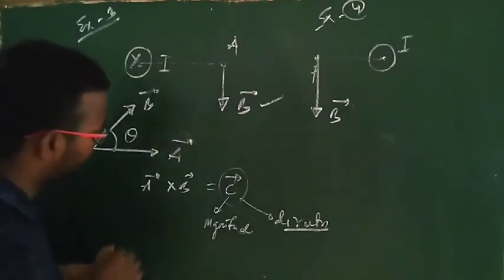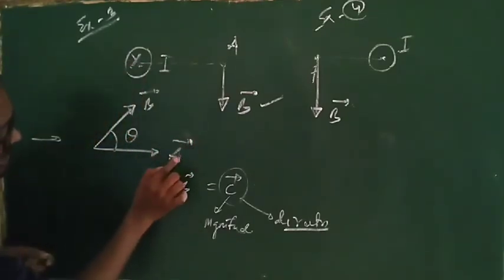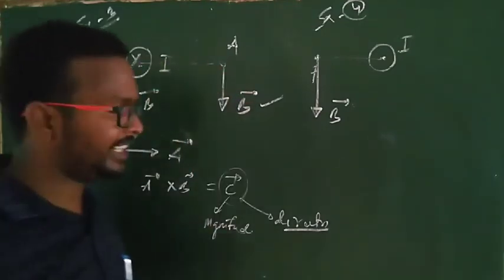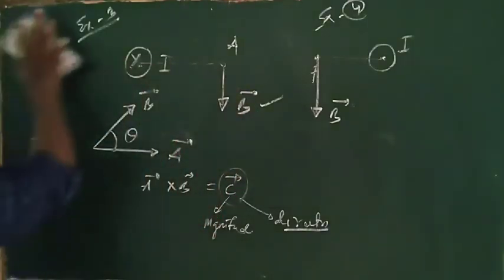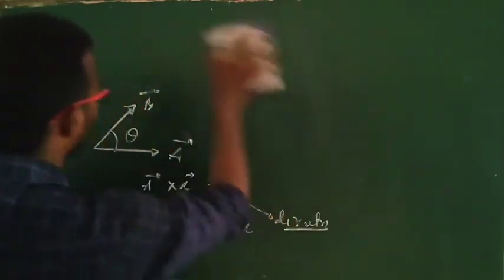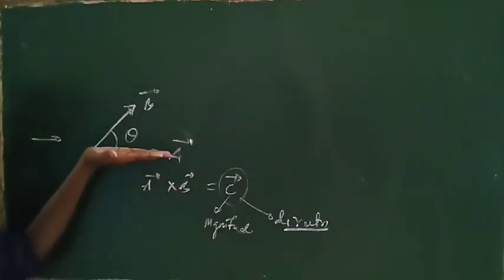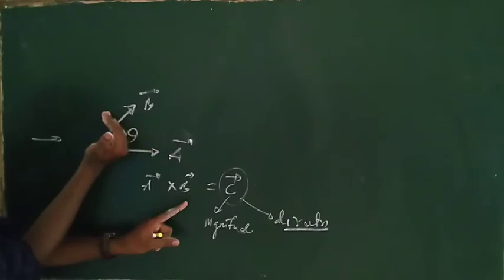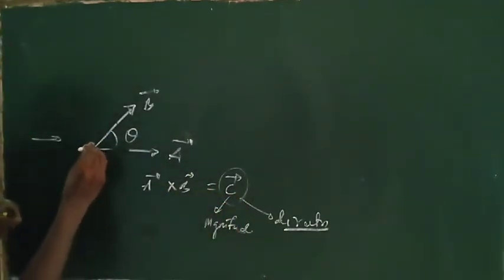First look at vector A and then vector B. This is the plane containing vector A and vector B. First you have to find the plane containing A and B. Then place your hand first on A, then come towards B. This is vector A and this is vector B, and the thumb indicates the direction of vector C. Clear?